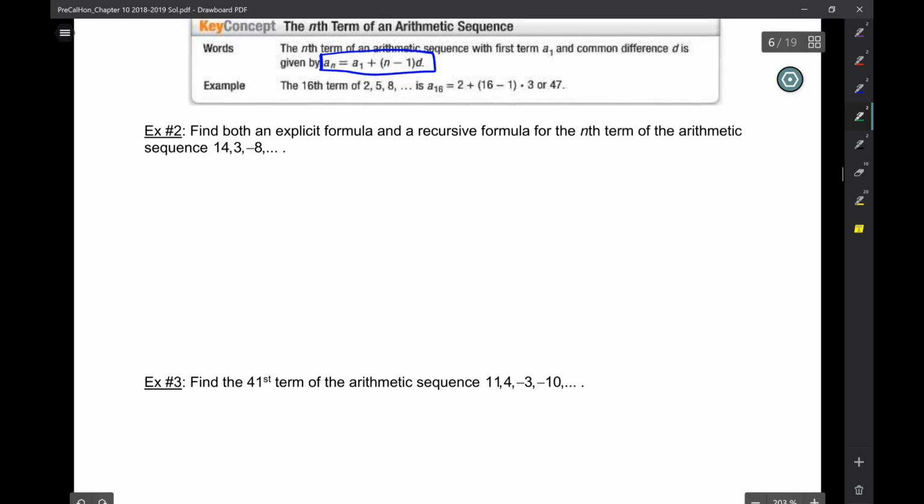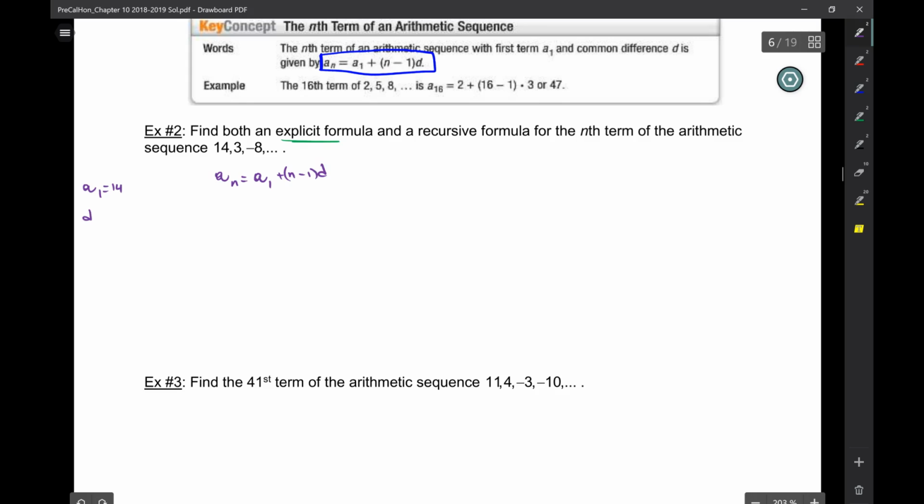So this one here, it says to find an explicit formula and then a recursive formula. So let's find an explicit formula for this one. So my formula for this is AN equals A1 plus N minus 1 D. And now I want to modify that for the sequence that we have. Okay, so A1 is 14.